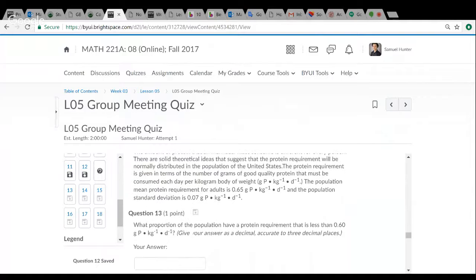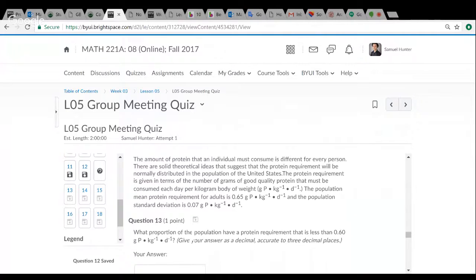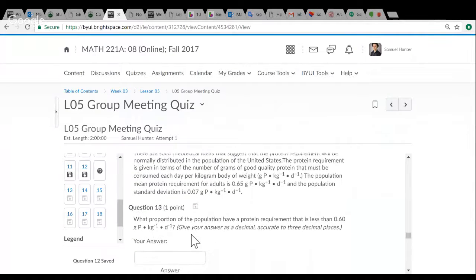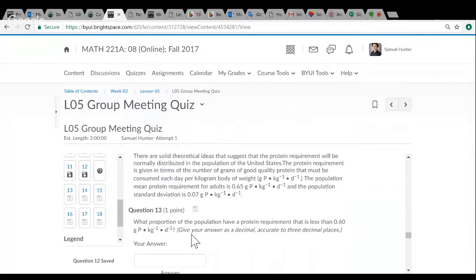Okay, I'm going to need help. 0.65, and the population standard deviation is 0.07. Population mean. Okay, so how did we do that before?